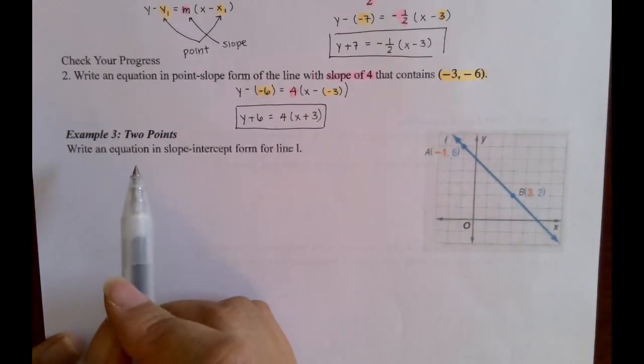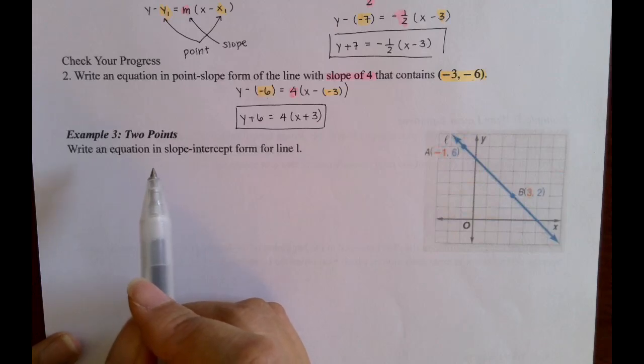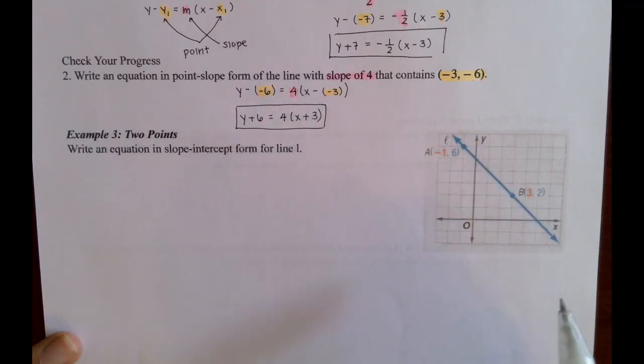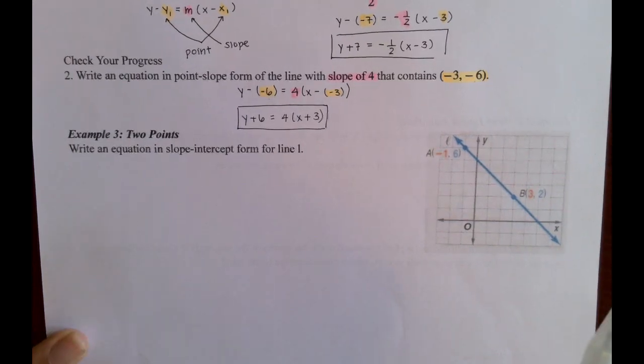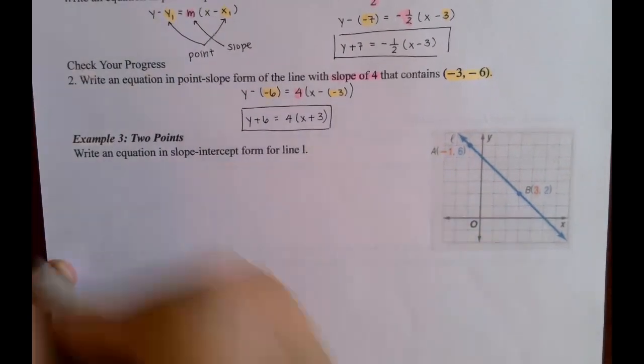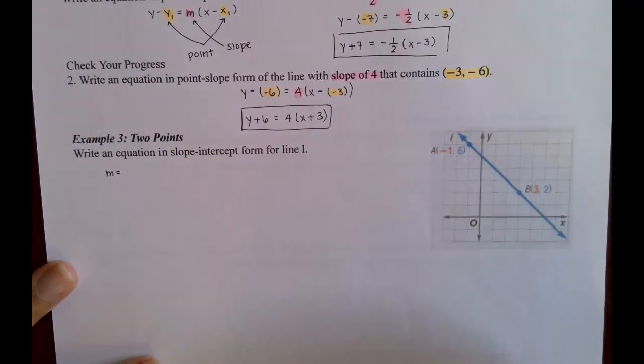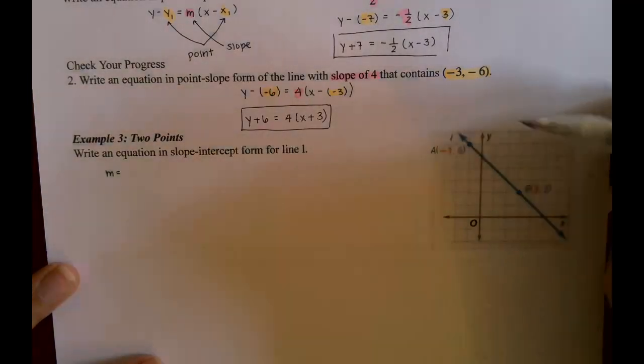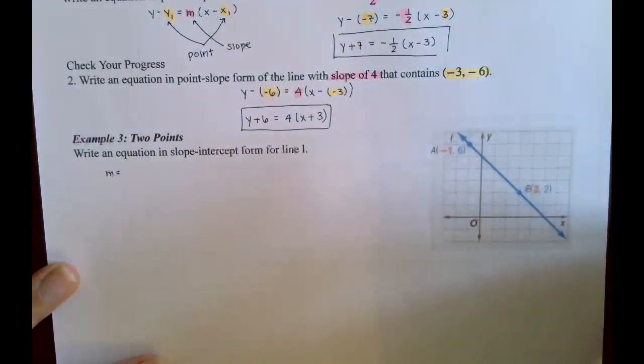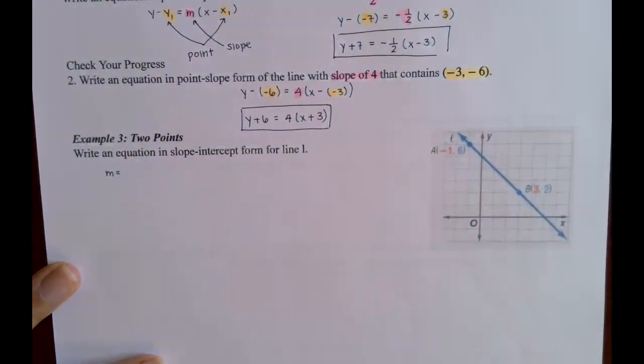We want to write an equation in slope-intercept form for line L. Okay, so there are several ways that we're going to do it, and I'm going to show you the different ways. Okay, so the first thing we are going to do is we're going to have to find the slope. So then I'm going to just name one x1, y1, the other one x2, y2.